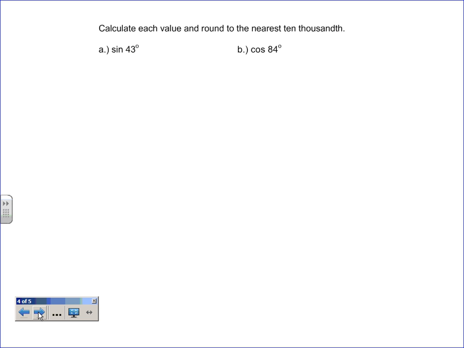First thing you might want to notice on the sheet I have over here, it's in RAD mode. That is incorrect. You do not want RAD mode. That is radians. Most of you in here do not know or have not been introduced to radians. Some of you have. In here, we're dealing with degrees.